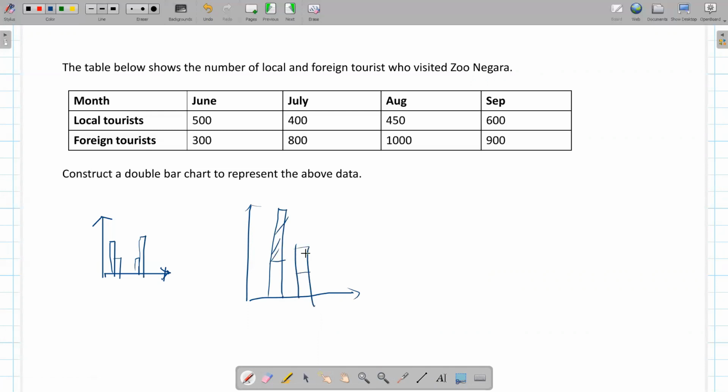This is also what we call the double bar chart. For this double bar chart, your y-axis will be the value. In these examples, this will be your y-axis and this will be your x-axis. So now let us try the first method of the double bar chart first.